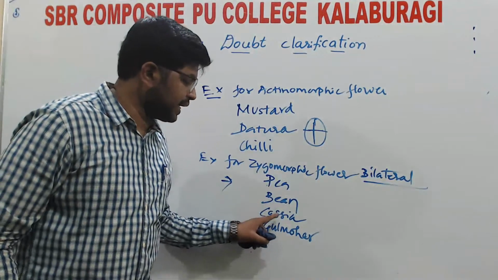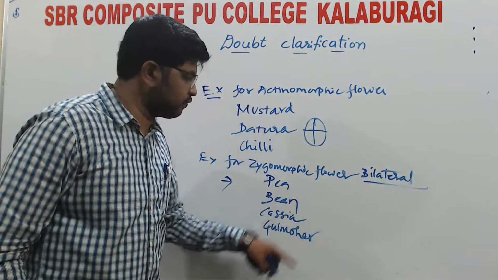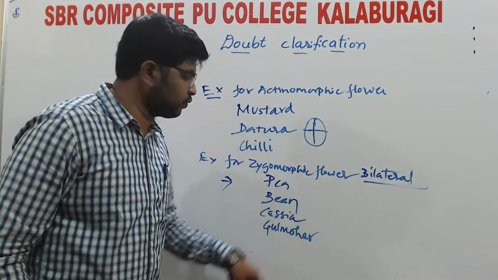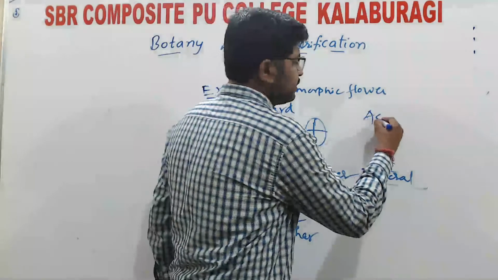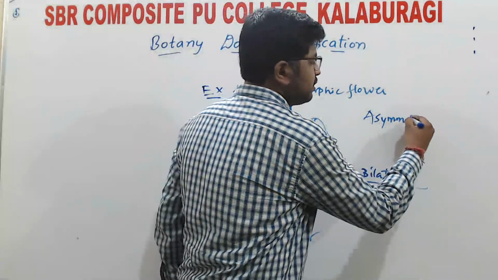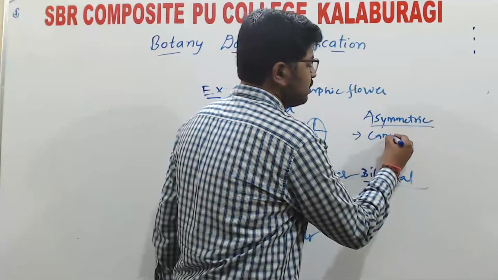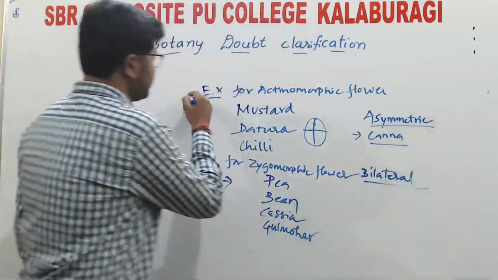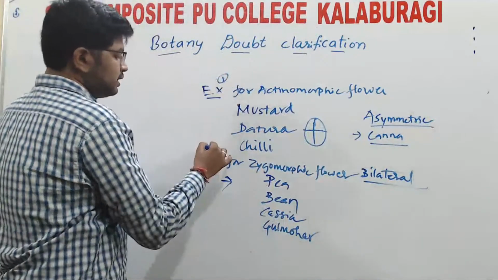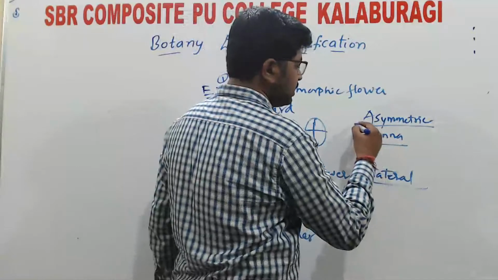Remember these for zygomorphic. Whereas an asymmetric or irregular flower, the example is canna. Okay, one actinomorphic flower, second zygomorphic, third is canna.